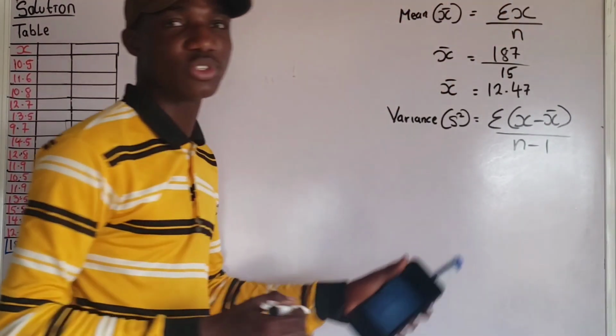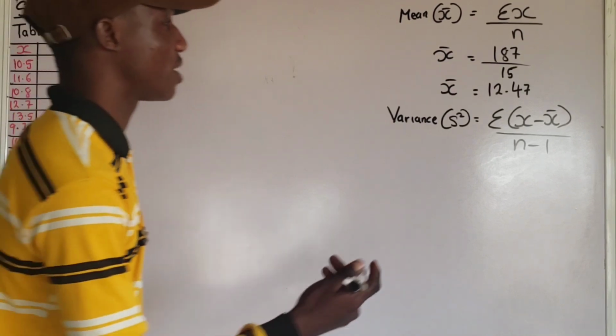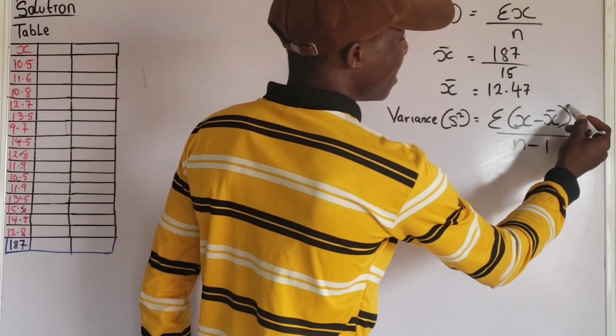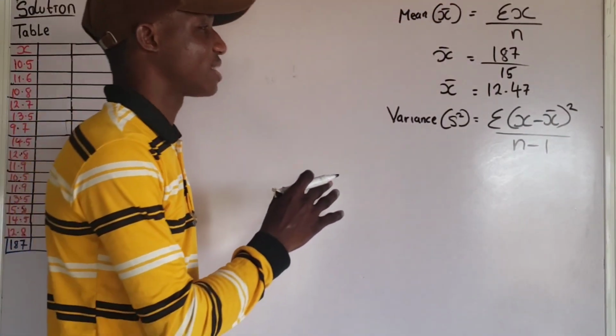If you see, when you are dealing with statistics, the first step is to remember your formula. The formula that you know tells you what you're going to have on this table. So the formula for variance is the summation of deviation squared all over n minus 1. This x minus x bar is the deviation.